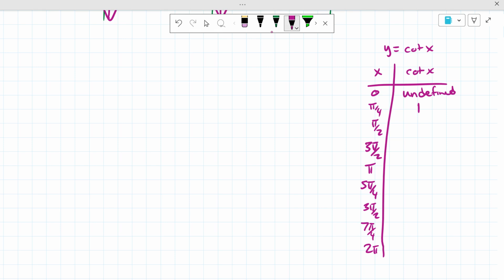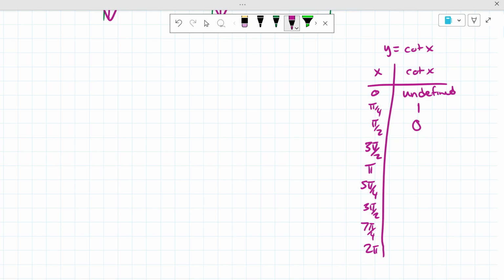Pi over 4, square root 2 over 2 over square root 2 over 2, that's 1. Pi over 2. So it'd be 0 divided by 1, which is 0. 3 pi over 4, oops, that should say 3 pi over 4.